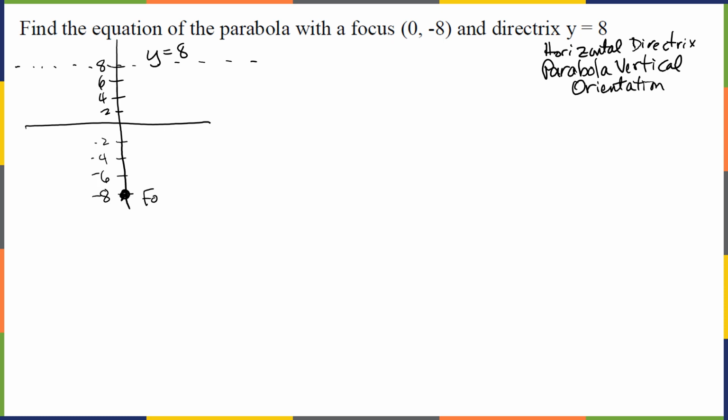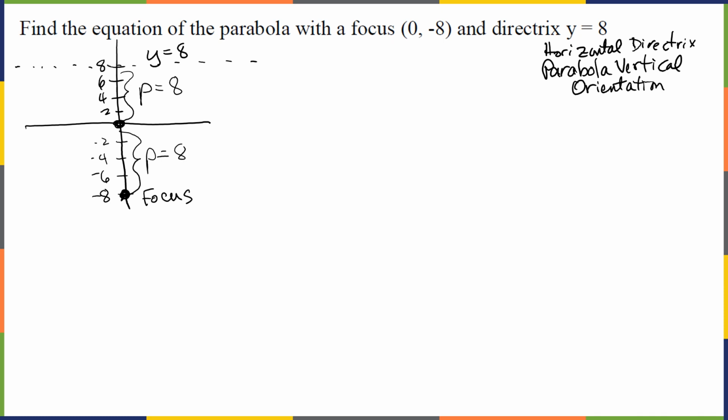If this is the focus, what we know is that the vertex is exactly halfway between the focus and the directrix. The value of p is an equal distance above and below the vertex. And so both of these appear to be a distance of 8 from the origin. And so we can show this distance is 8 and this distance is 8.